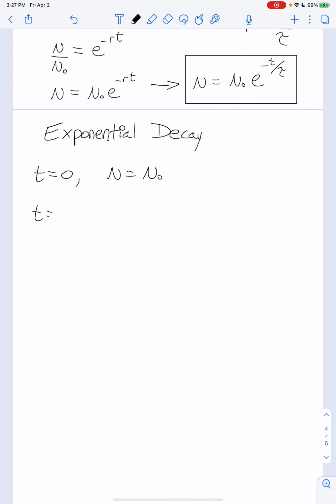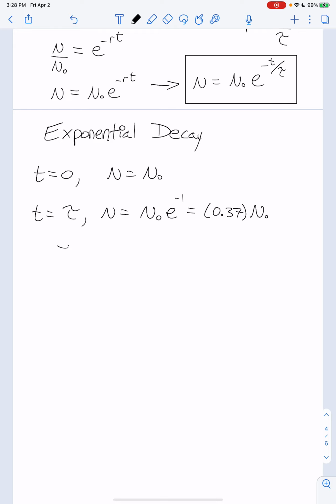Now if t is equal to tau, what happens there? Well, we have N equal to N naught e to the negative 1. That's going to be equal to 0.37 times N naught. So that's 1 over e, and e is 2.71. What does that mean?